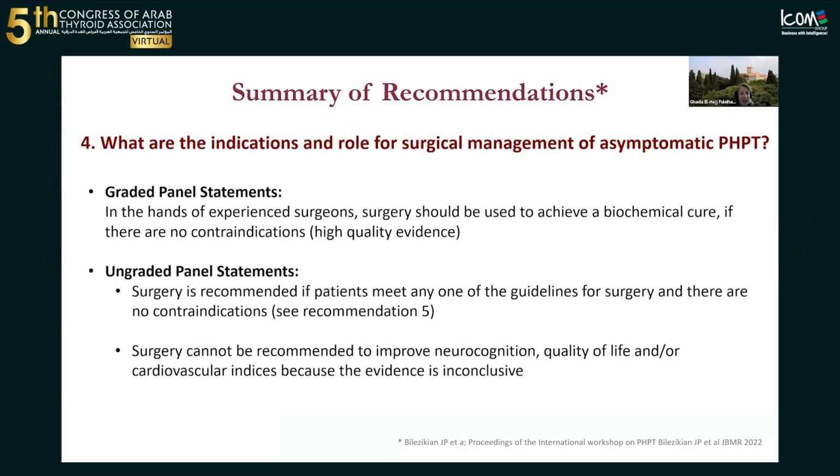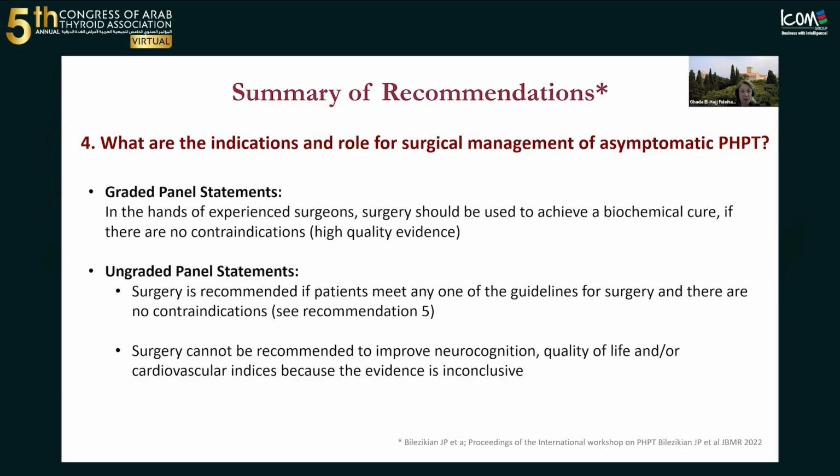Now, what about other guidelines for management? What are the indications for surgical management of asymptomatic hyperpara? We did systematic reviews. Some of these recommendations are graded because there was enough evidence, and some of these are ungraded, and we separate them here. So in the hands of an experienced surgeon, surgery should be used to achieve biochemical cure if there is no contraindication.